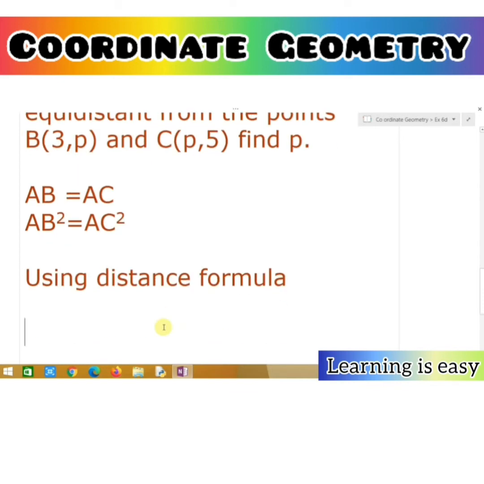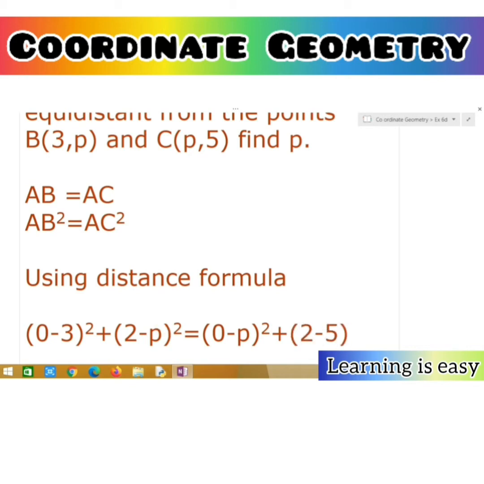We can write this as, first we can see the A, B coordinates, 0 minus 3 whole square plus 2 minus B whole square equal to, now A and C coordinates, 0 minus B whole square plus 2 minus 5 whole square.